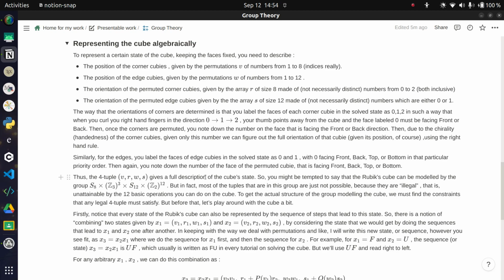R is in fact Z sub 3 to the power of 8, as in there are 8 corners, each with a coordinate modulo 3. And S is Z sub 2 to the power of 12, because there are 12 edges, and each of them has 2 orientations.